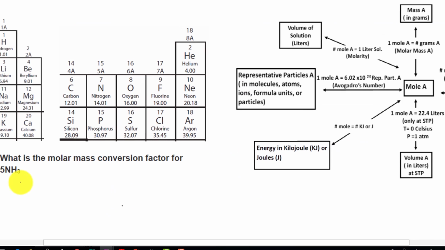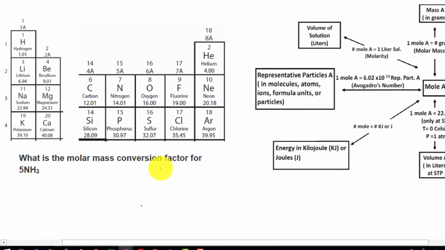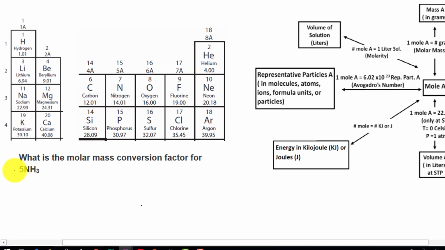Now let's try again. What is the molar mass conversion factor for 5 moles of NH3? Again, we are looking for 1 mole. Molar mass conversion factor is relative to 1 mole, so we can ignore the 5. So pretty much we are focused on NH3. For this compound, we can see that it has 1 nitrogen and 3 hydrogen.